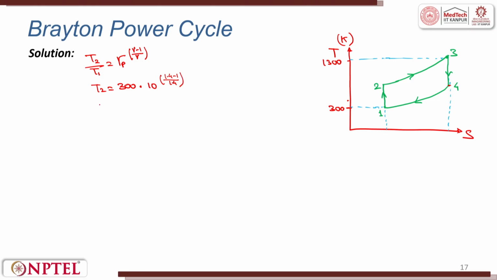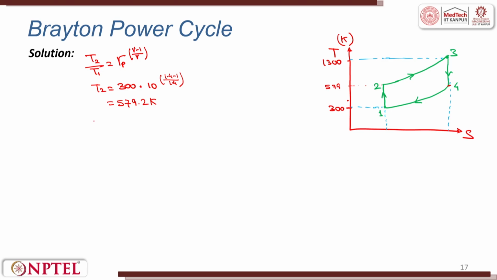This gives me the value of T2 as 579.2 Kelvin. My challenge here is to find the value of T4. T4 would be higher than T2.